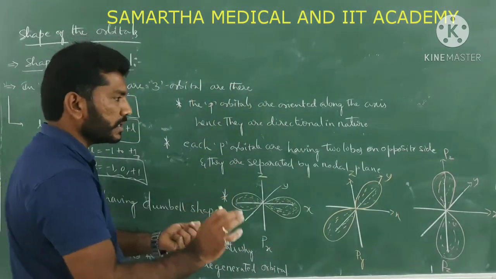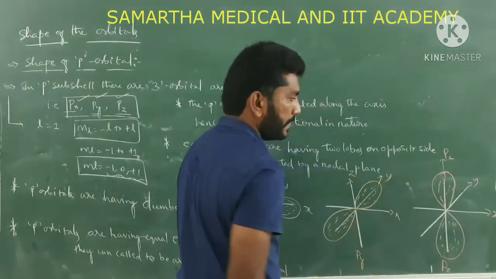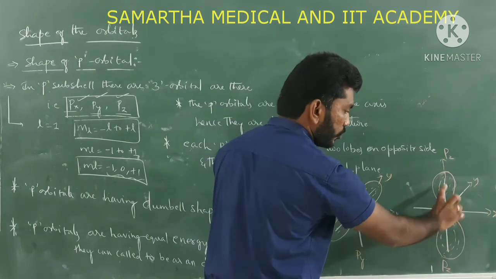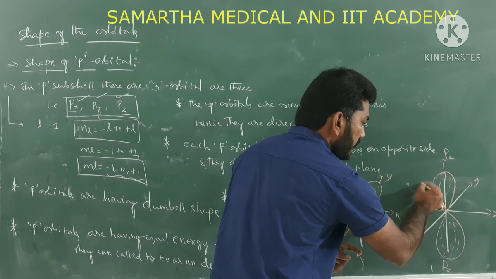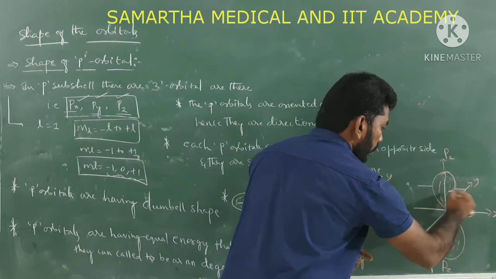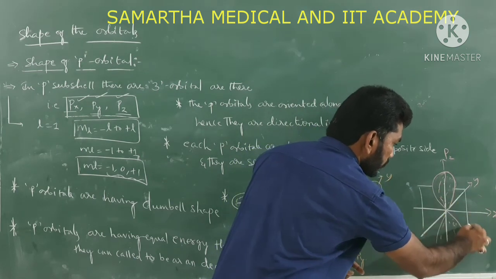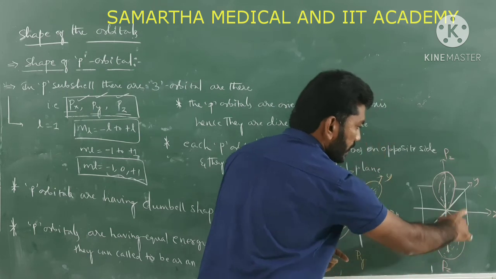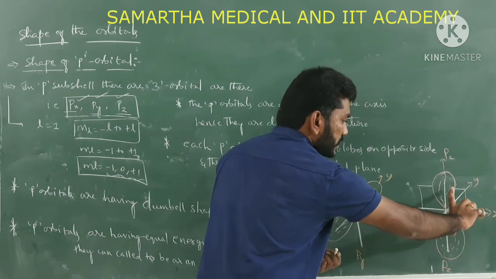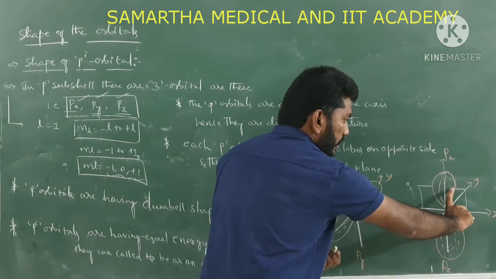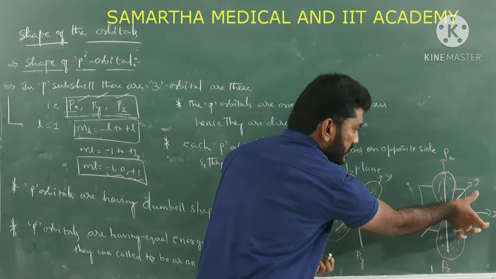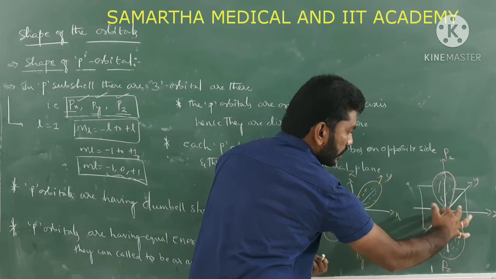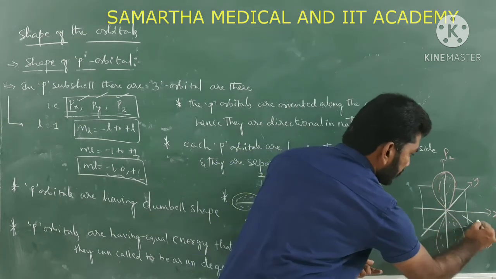So guys, as you consider here, in the case of the pz orbital, if you consider the probability of finding the electron, that has to be oriented along the z axis, and the rest of the axes, x and y, are nothing but a nodal plane.